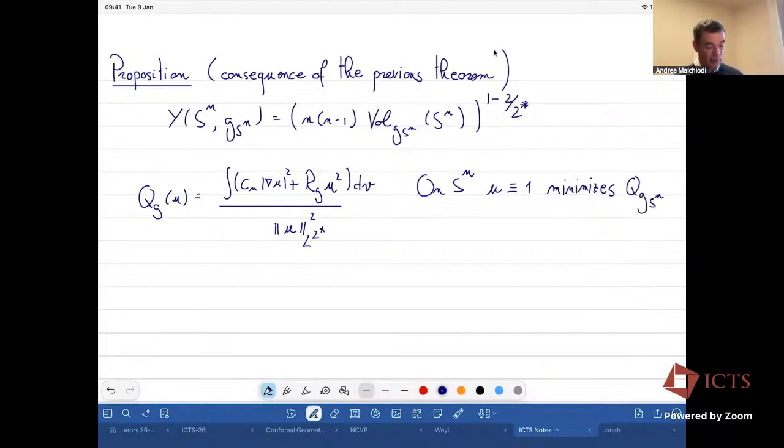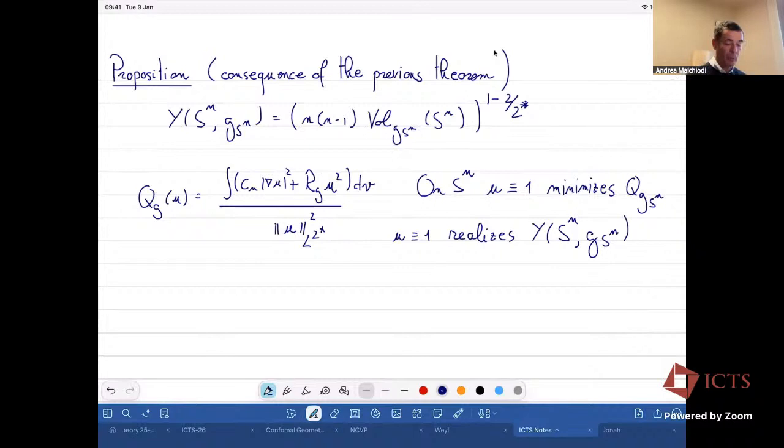Okay, so u identically equal to 1 realizes the Yamabe constant of S^n with the round metric.